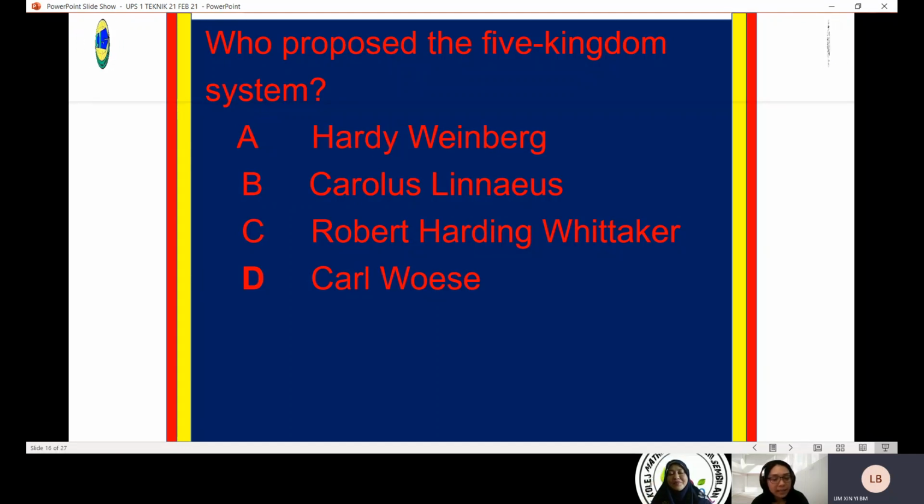Carolus Linnaeus is involved in biodiversity, but he did not propose the five kingdom system. He proposed the binomial nomenclature, where the scientific name is formed from the genus and the species.